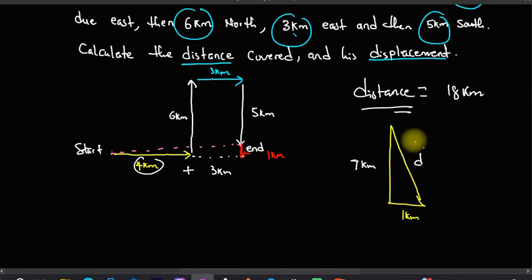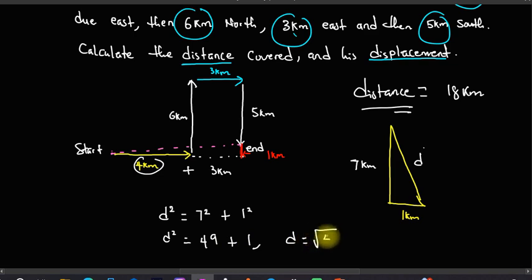So to get to the displacement, we have to use Pythagoras theorem. Pythagoras theorem says that hypotenuse square is equal to the sum of the squares of the other two sides. So 7 squared plus 1 squared. So this square is equal to 49 plus 1. So this is equal to square root of 50.